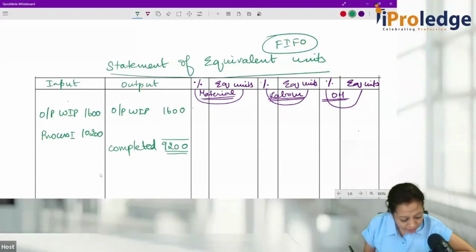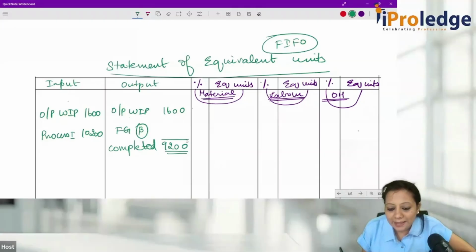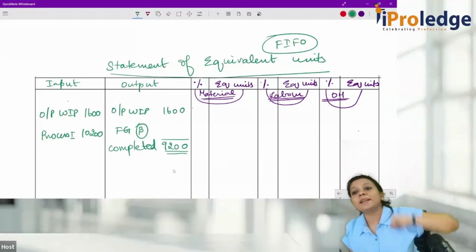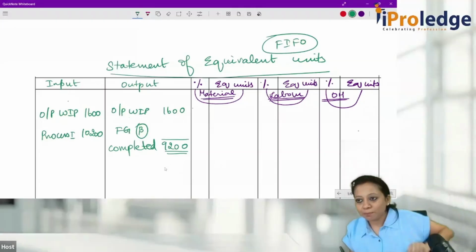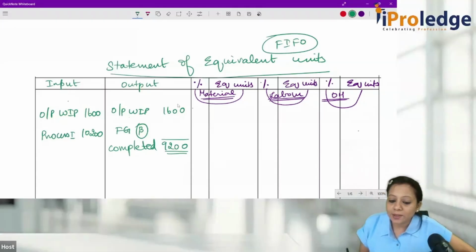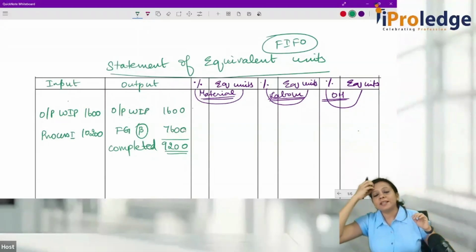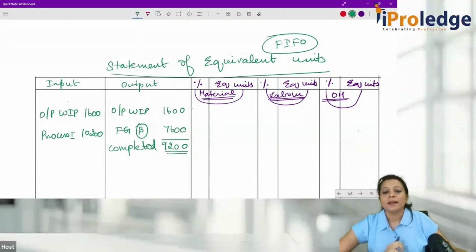Now, can I say FG is going to be a balancing figure? That is, in this process, how much did I complete? 9,200 minus 1,600 from previous process is 7,600. So this is the first part of the statement of equivalent units.